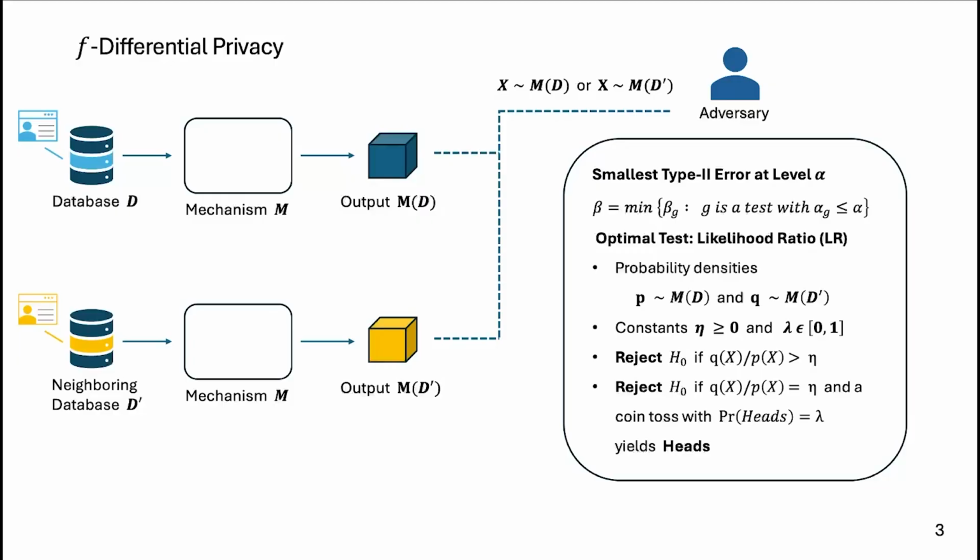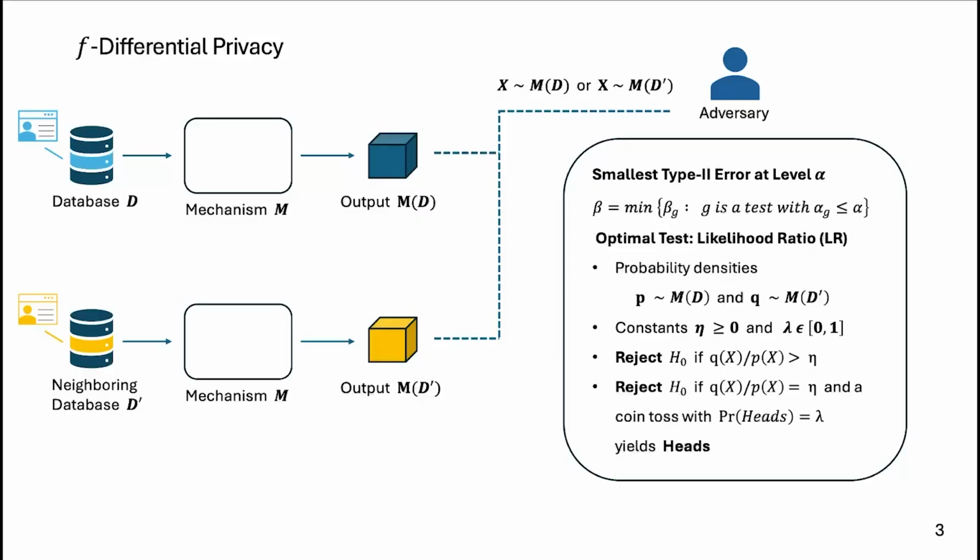And the likelihood ratio test works in the following way. It takes the probability densities, P and Q, that are attached to the mechanism output M of D and M of D dash respectively. And it takes also constants eta and lambda where eta is a non-negative threshold constant and lambda is a coin toss probability.